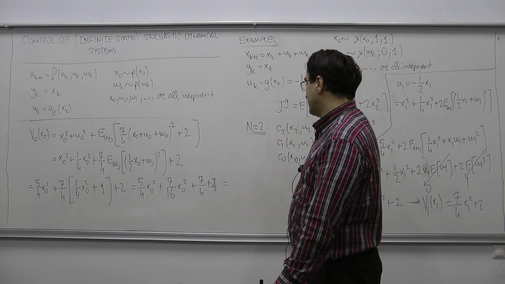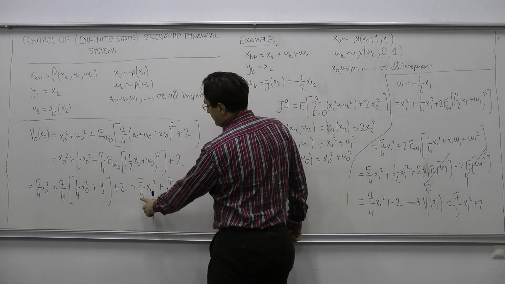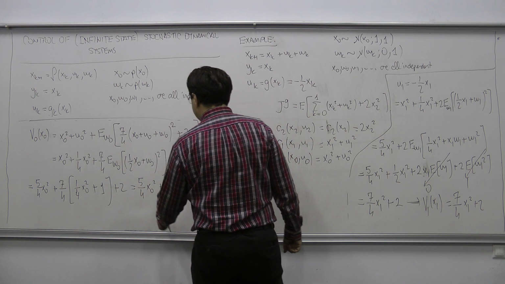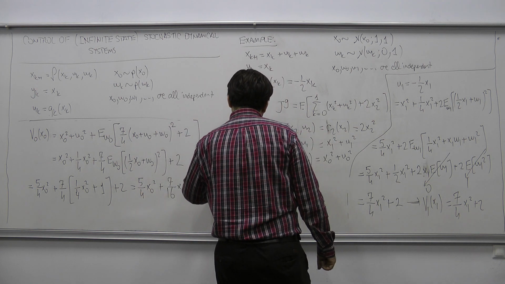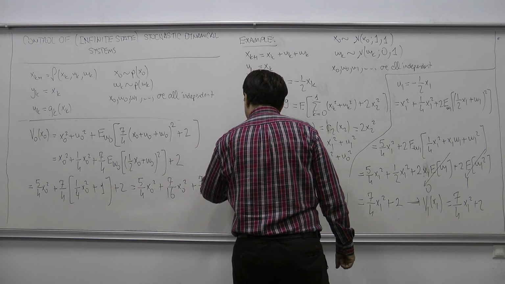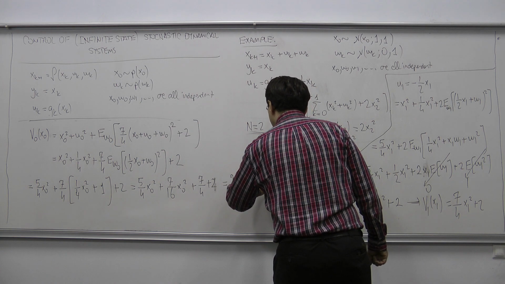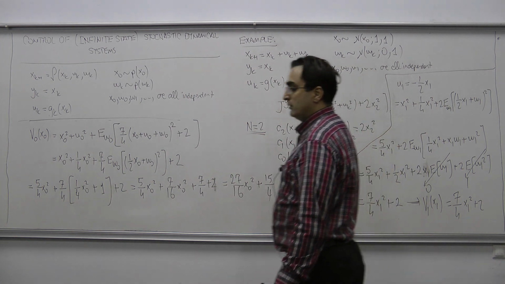All right? So now if I combine these terms, equate the denominators, so this is going to be 20 over 16, so it is 27 over 16 x0 squared plus summation of these two would give me 15 over 4.